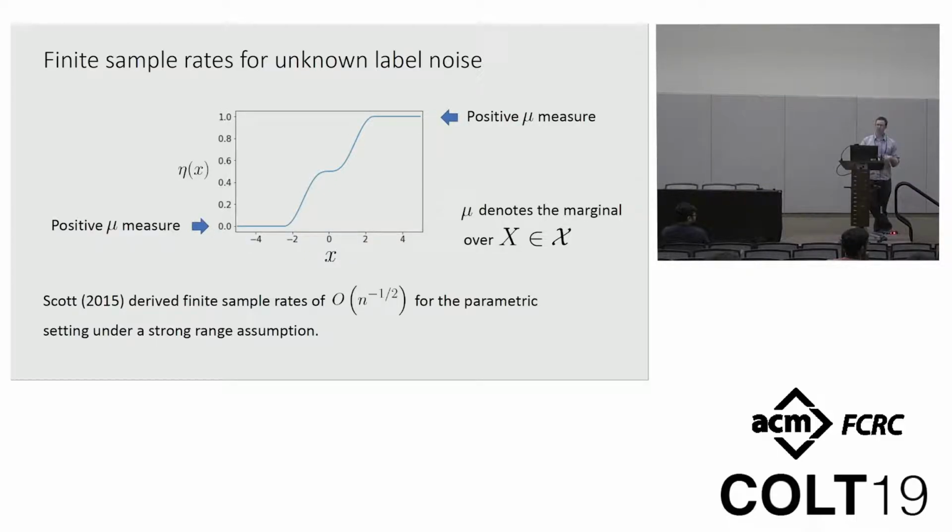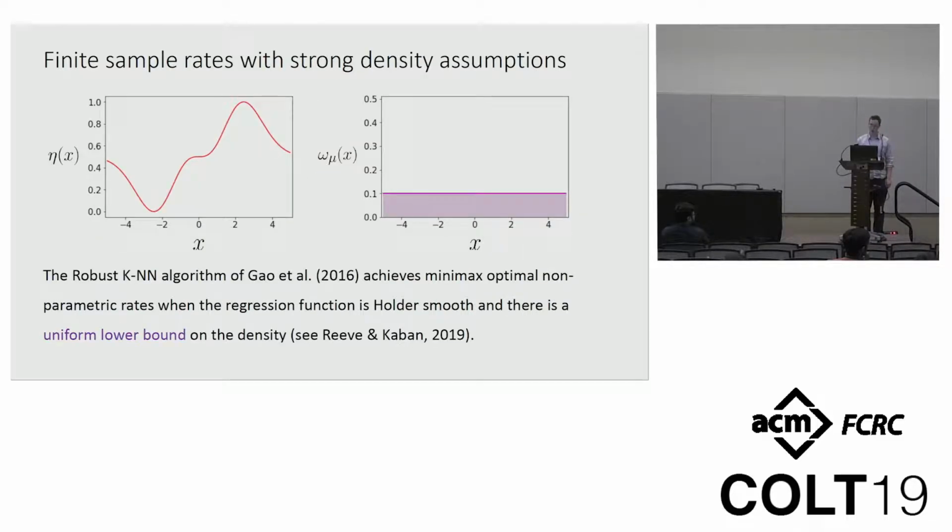So Scott makes this very strong assumption that there's part of the feature space of positive measure where the regression function is uniformly equal to 1 and uniformly equal to 0. And more recently, in the non-parametric setting, under the assumption that we have a uniform lower bound on the density, we've shown that we can also obtain the minimax optimal rate for learning in the non-parametric setting.